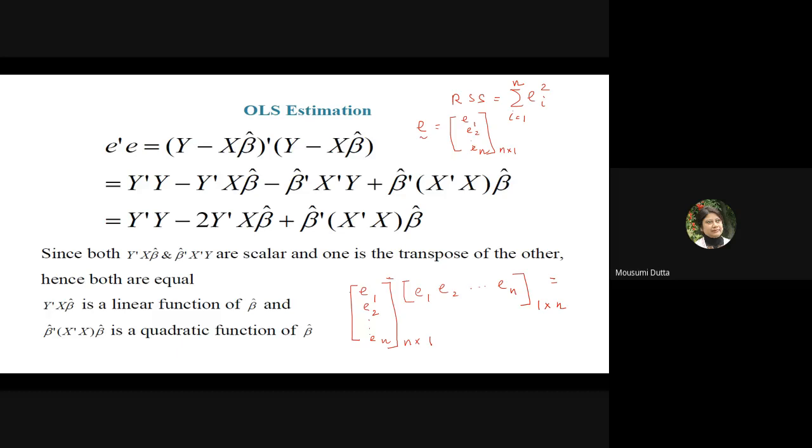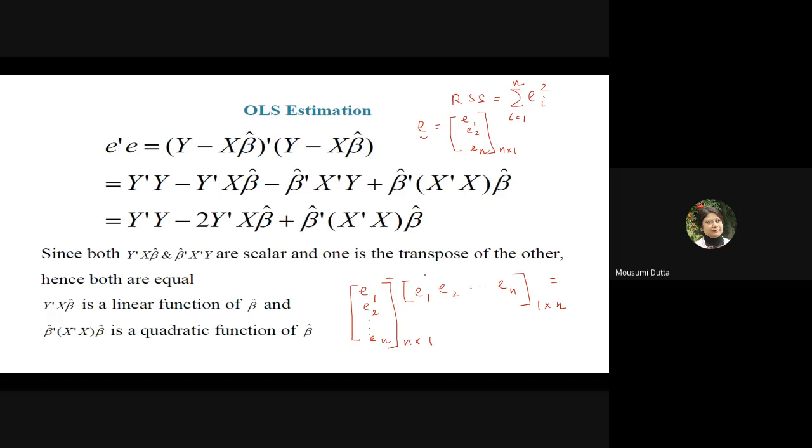Summation e_i square is a matrix or a vector or a scalar? Scalar. So it is a scalar. So we need something which will be of order 1 by 1.